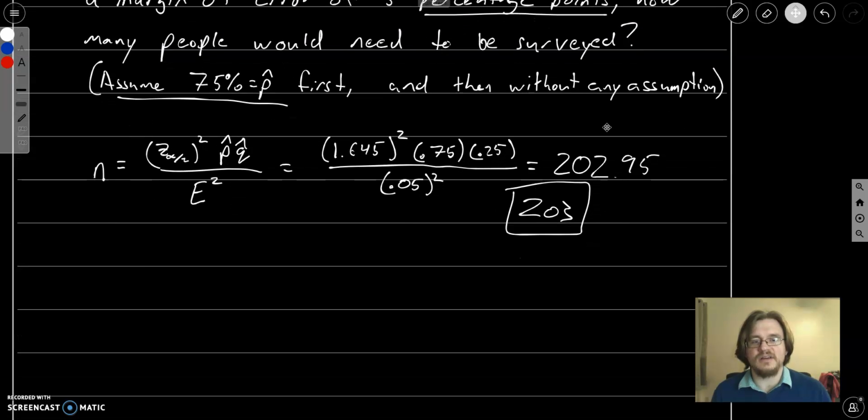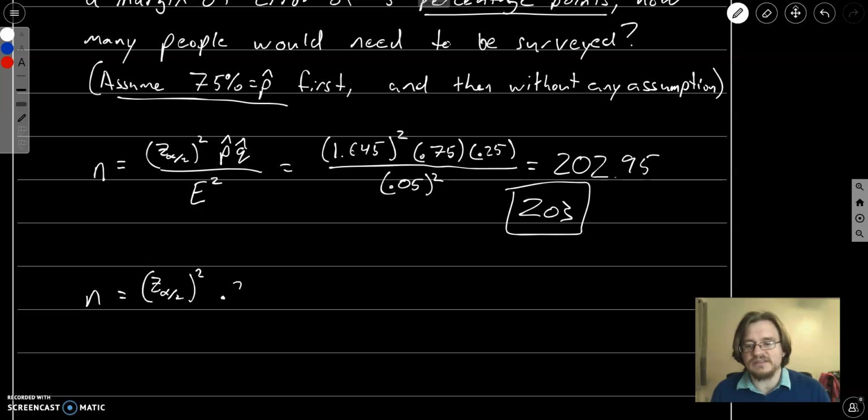Now, if we can't assume that 75% of people will agree with the survey, or at least close to 75%, we should hedge our bets and make sure that we pick a large enough sample so that we can have our confidence interval be the right size.